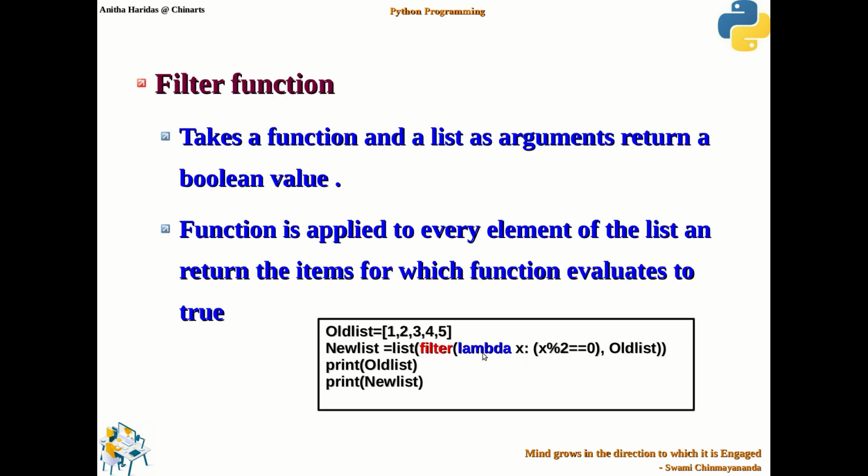Whereas in the filter function, the function will be applied to all the 5 elements and it will check whether the element returns true or not. If it returns true, that will be given as the output. If it does not return true, that element will be discarded. That is what the filter function will do. We will see the examples also.